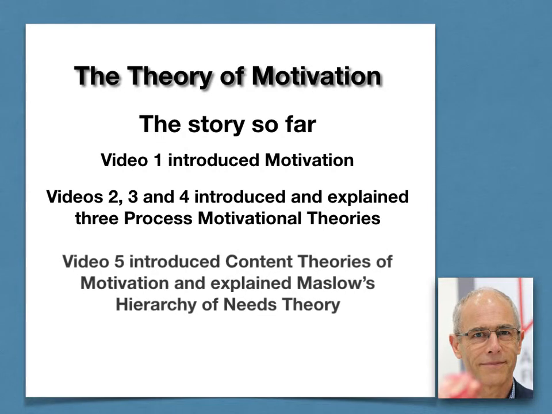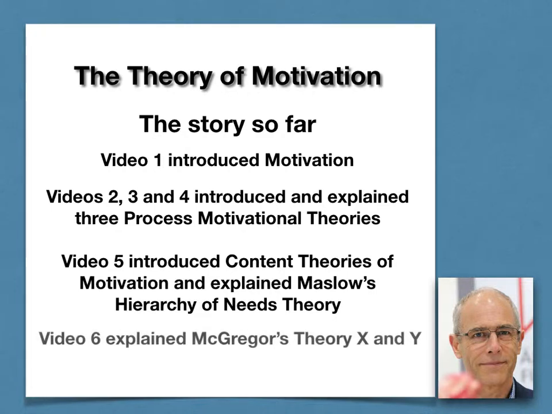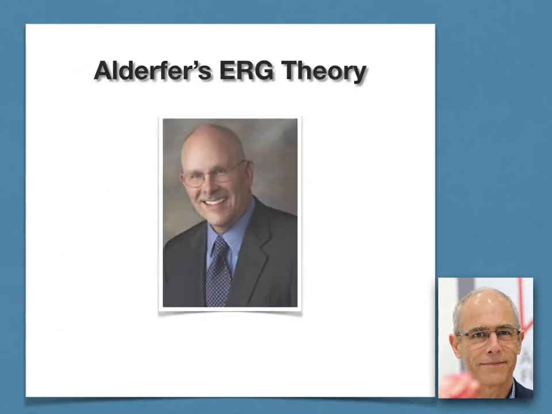In video 5, we described what is meant by the content theory of motivation, and followed this by explaining our first example of content theory, that of Maslow's hierarchy of needs theory. In video 6, we explained McGregor's Theory X and Theory Y. In this, our 7th video on motivation, I will explain Alderfer's ERG theory.